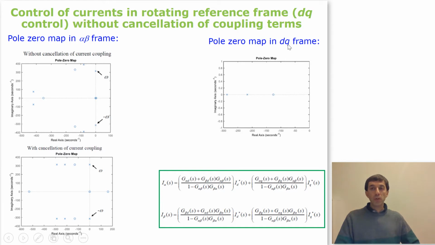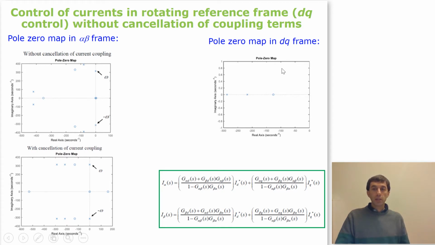And if we compare with the DQ frame analysis that we did at the very early beginning for these controls, with cancellation of the coupling terms, if we remember, we have a correspondence with the real parts of these poles and these poles. However, here, since we are not cancelling the coupling terms, we have totally lost this correspondence.